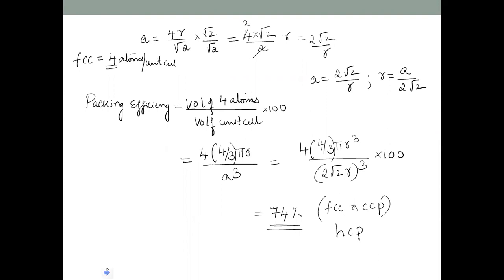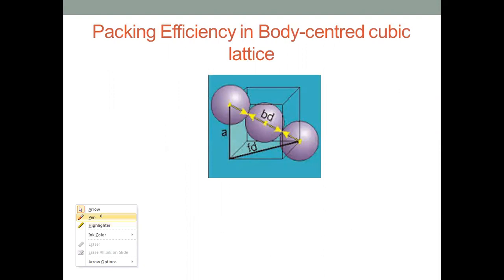And when we look at the packing efficiency of body centered cubic lattice, that is BCC, let's take the body diagonal of this. So this is the body diagonal, that means touching the two corners of this cube diagonally. This is what is called a body diagonal.